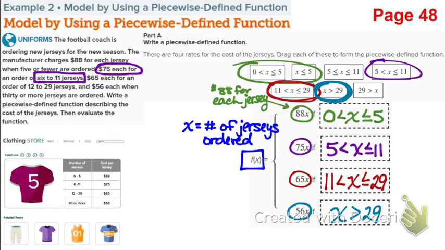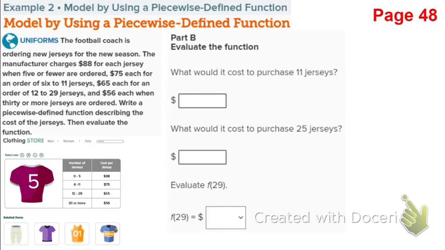All right, we're looking at this. I want to go and find out what the shopping cart total is going to say for some different order amounts. We want to get 11 jerseys. What's the shopping cart total going to be if we're getting 11 jerseys? How do I figure this out?